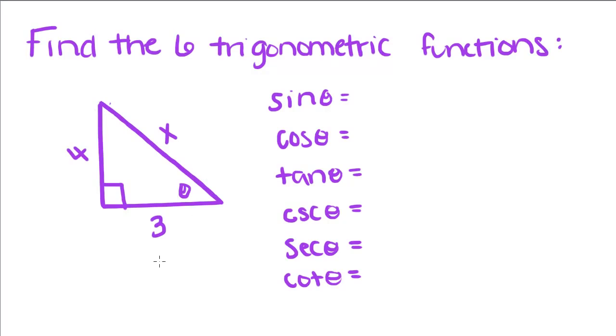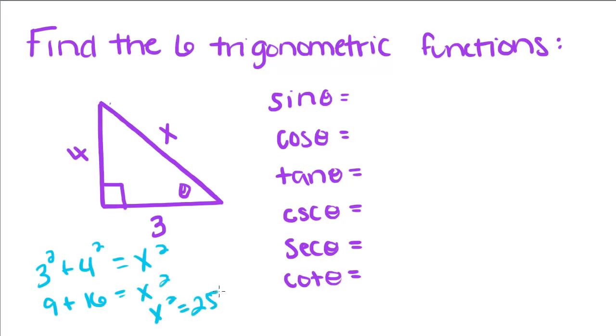So using our Pythagorean theorem that we learned about last time, we're gonna take 3 squared plus 4 squared equals x squared. So 9 plus 16 equals x squared. X squared equals 25. Square root both sides, x equals 5. So now we can talk about the triangle because we know every one of its sides.